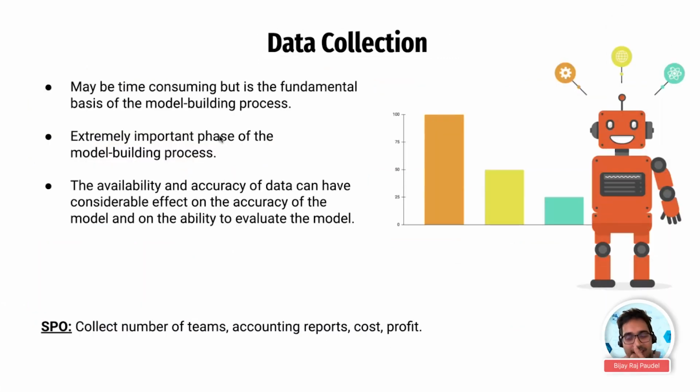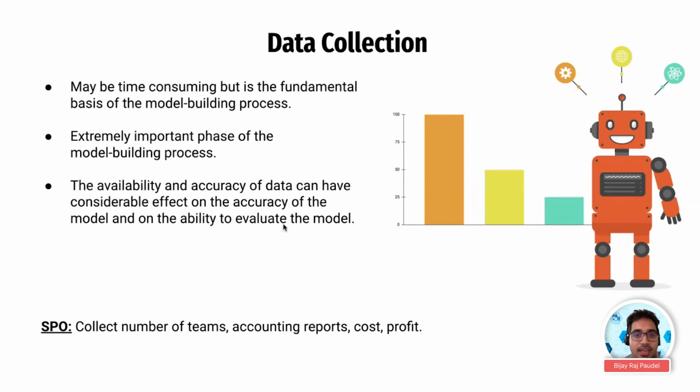So the first is data collection. Data collection is the first step in everything, so no wonder this is the first step in formulating an optimization problem. Like data collection in all fields, this can be time consuming, but this is the most fundamental thing for the model building process, and it is extremely important.